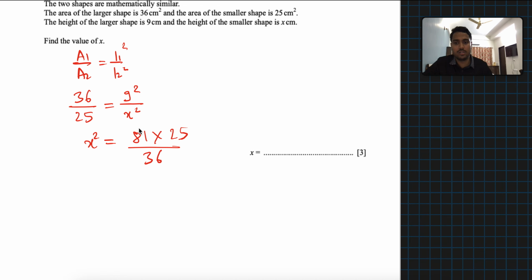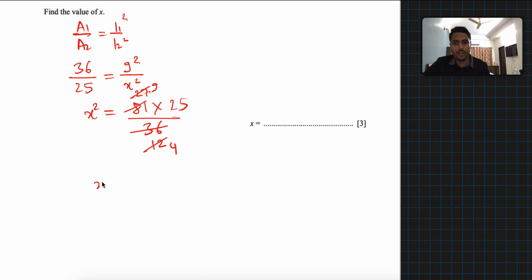So now this has common factors. 3 ones are 3, 3 2s are 6, 3 7s are 21, again 3 common, 3 4s are 12, 3 9s are 27. So this can be written as x square is equals to 3 square into 25, that is 5 square, over 4, that is 2 square.